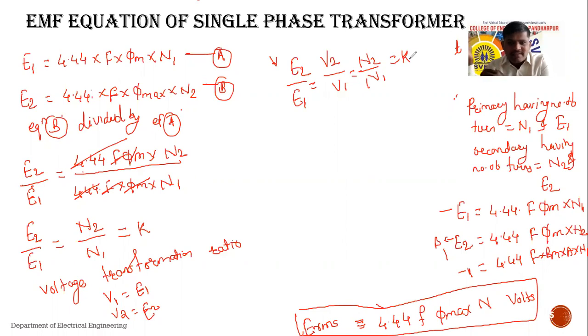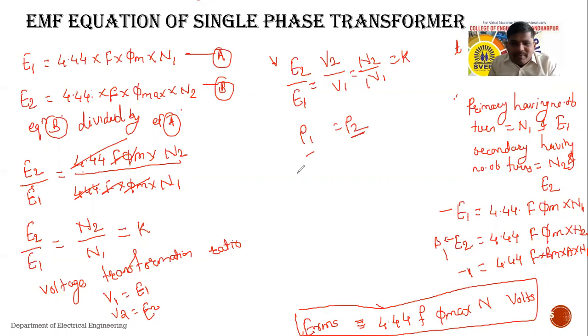There are no losses. So there is no difference between input power and output power. The power remains the same at the primary side and the secondary side. So the primary power P1 equals P2, the secondary power.